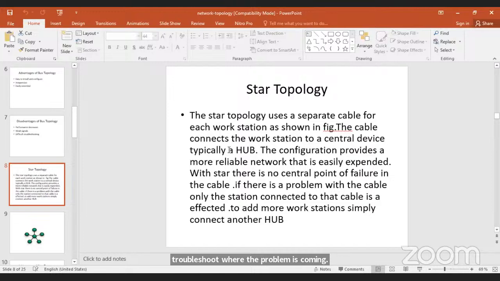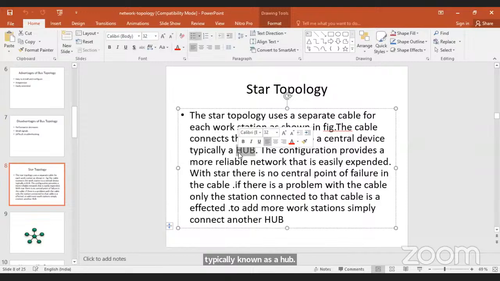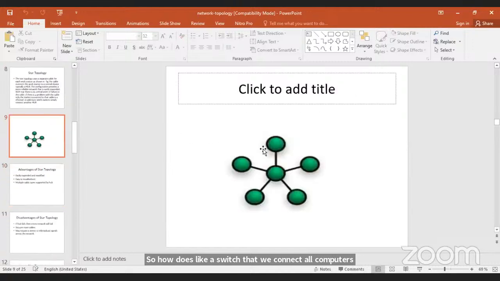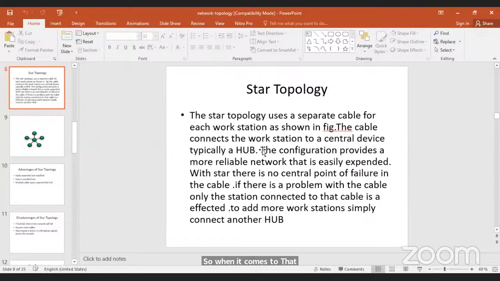Another topology we have is the star topology. A star topology, as the name suggests, uses separate cables for each workstation. The cable connects the workstation to a central device, typically known as a hub. So a hub is like a switch that we connect all computers to so that we can share the media. When it comes to star topology, the configuration provides a more reliable network that you can easily extend.